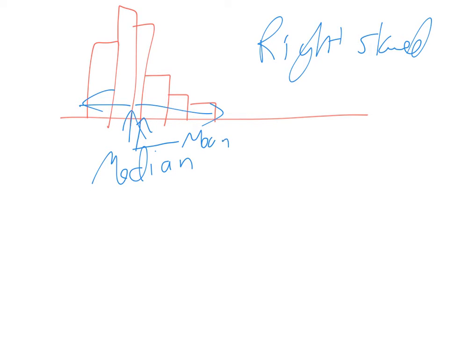How do we know that the mean, M-E-A-N, is a little bit higher than the median? Because these high values pull the mean towards themselves. It doesn't take much. You've all taken tests before, and maybe your test average is something like 88%, and then you have one really bad day.